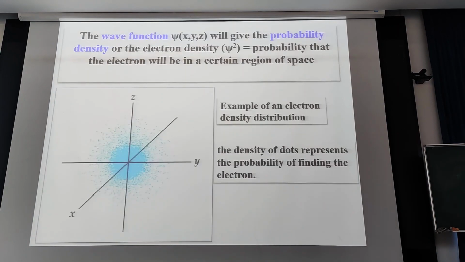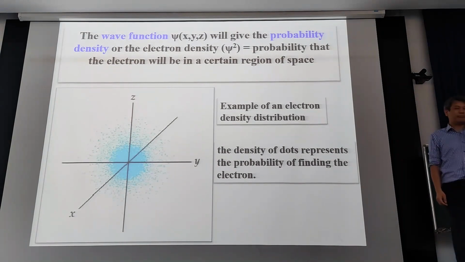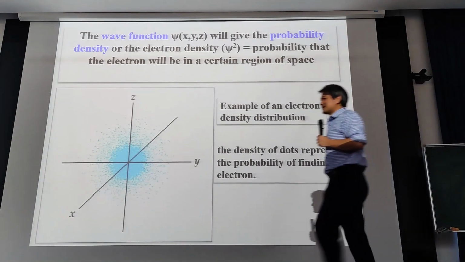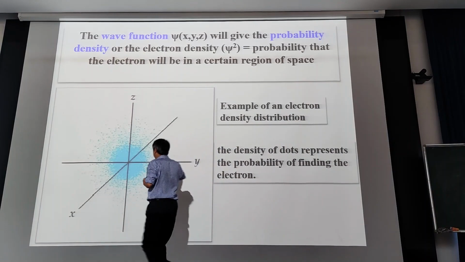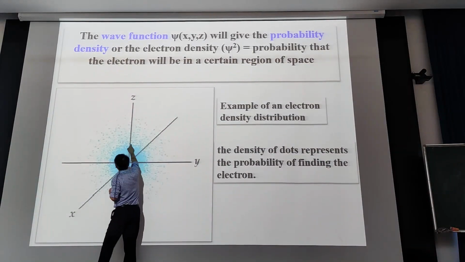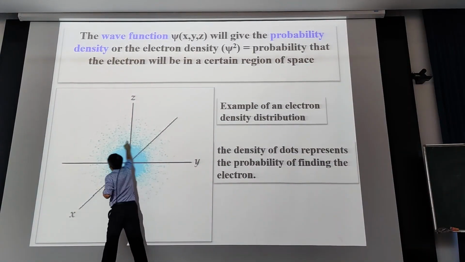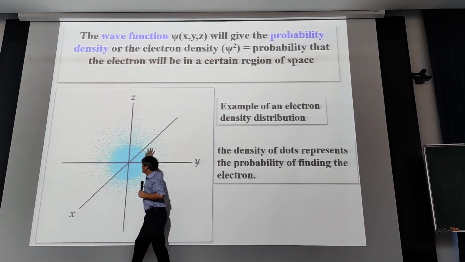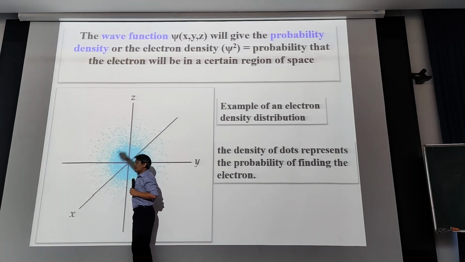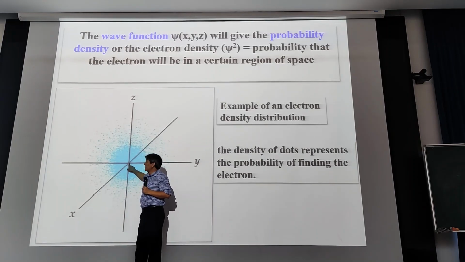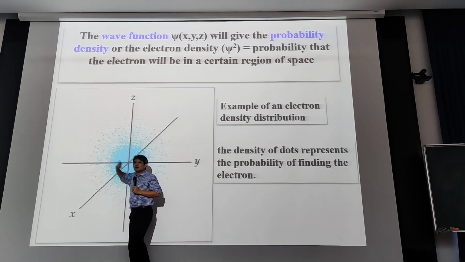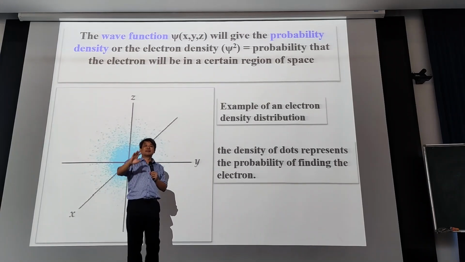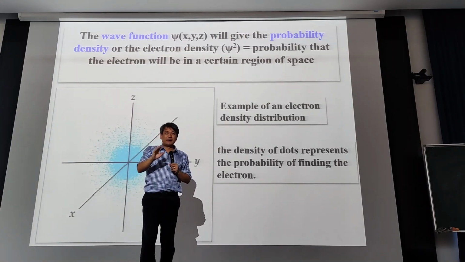But this one is much easier to understand. Instead of saying that here you have the nuclei, and then the electron moving in this orbit and this orbit, we say that the electron can move anywhere around the nuclei. And the density of these dots represents the probability to find the electron.